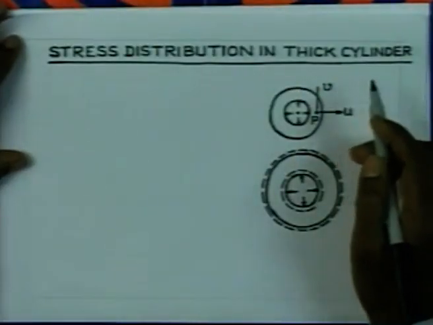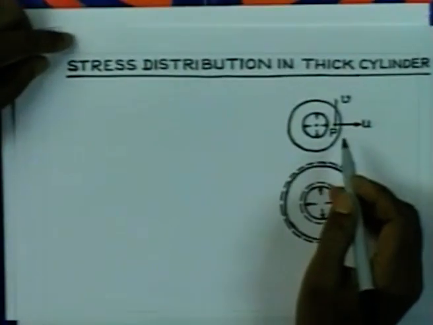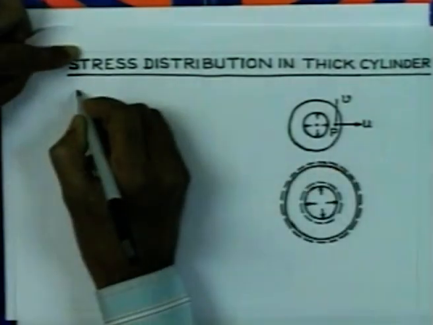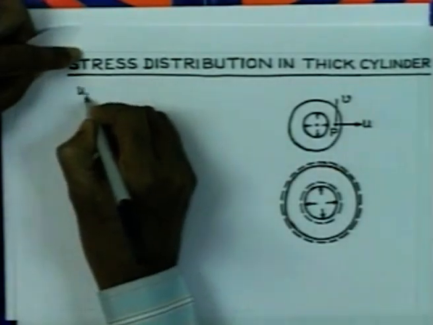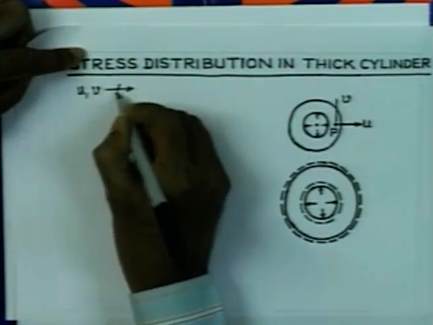Therefore, this is a typical case where we find that the two displacements, first of all, are independent of the angular position of the point. So, therefore, u and v are independent of theta.